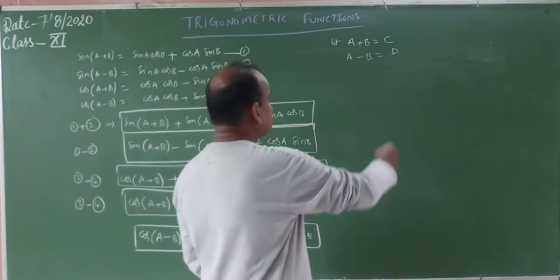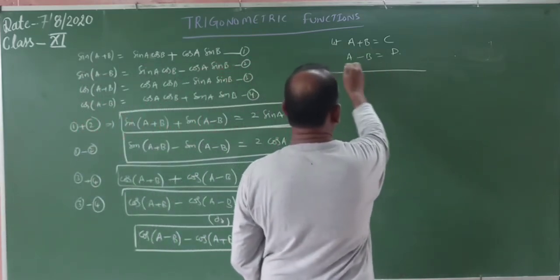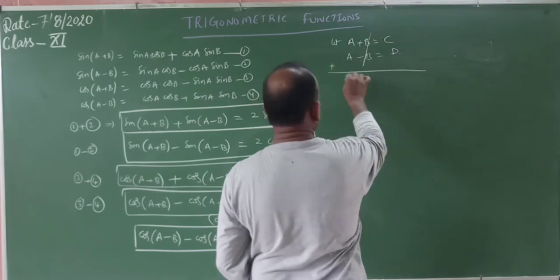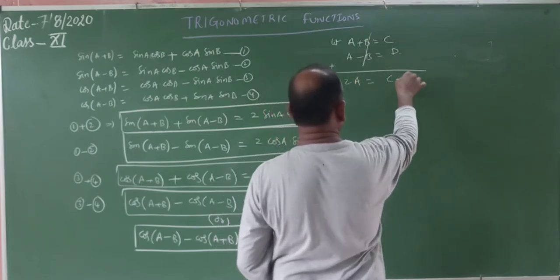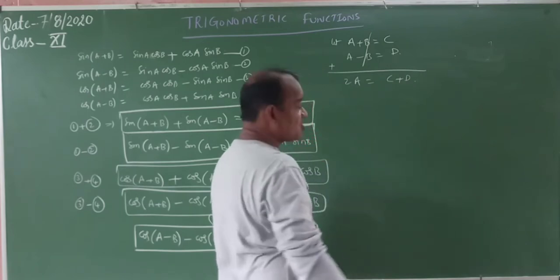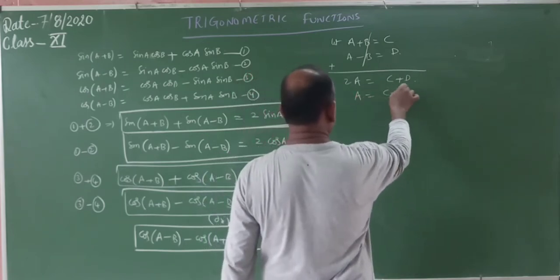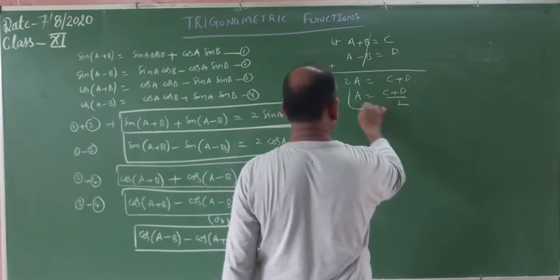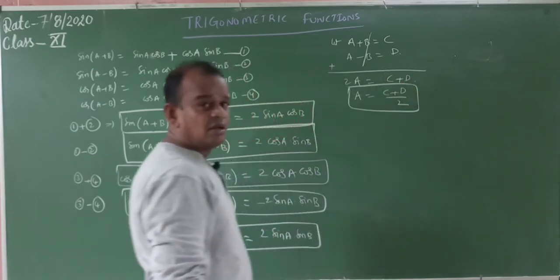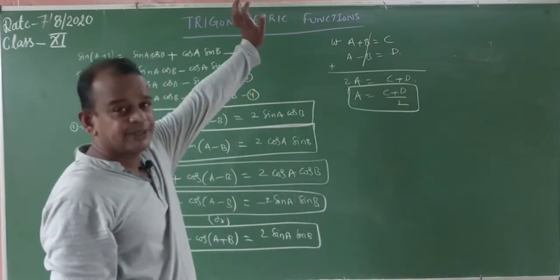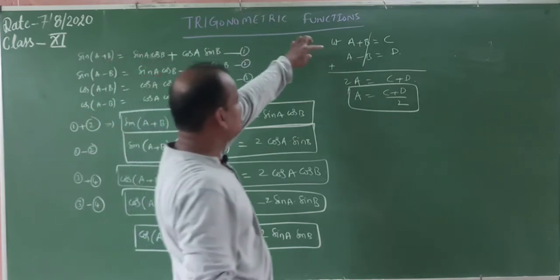First of all, adding these two equations, the minus and plus terms cancel. 2A is equal to C plus D. Understood? A is equal to (C+D)/2, that is the value of A. Now subtract those equations.